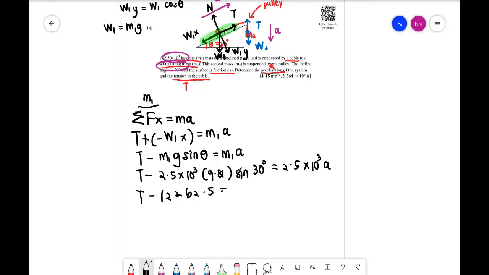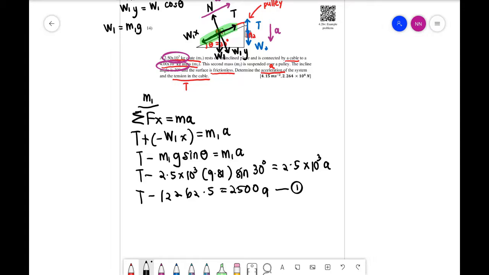So T minus 12262.5 equals 2500A. We have an equation with two unknowns, T and A. This is the first equation.